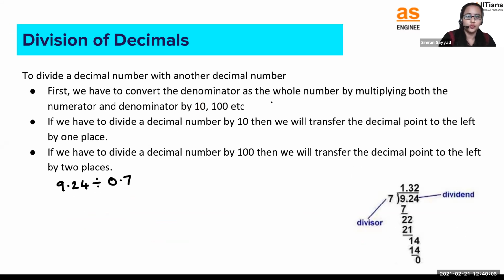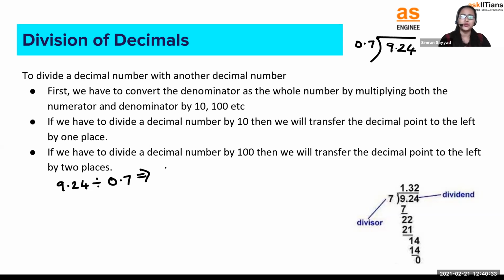So we can't write it in this way, like 0.7 divided by 9.24 and do the division. No, dear students, you're not going to do it in this way. Not at all. The very first thing you have to do is convert the denominator, the decimal, into a whole number.